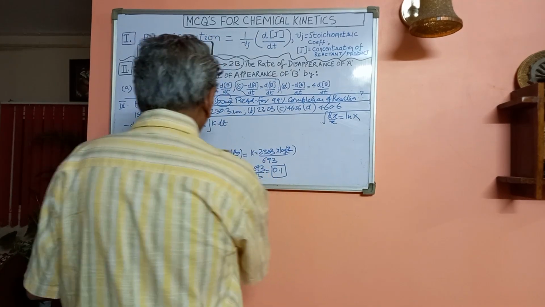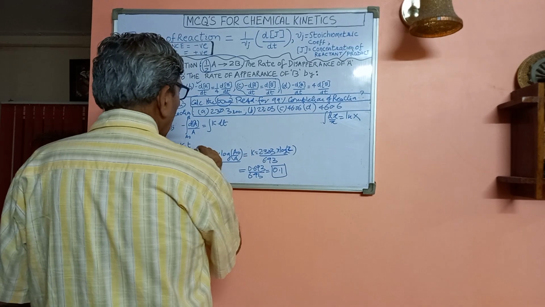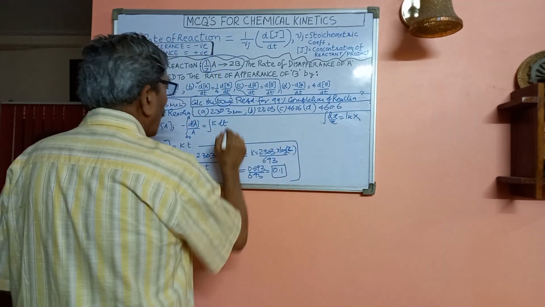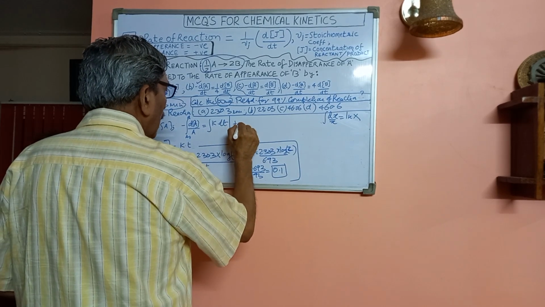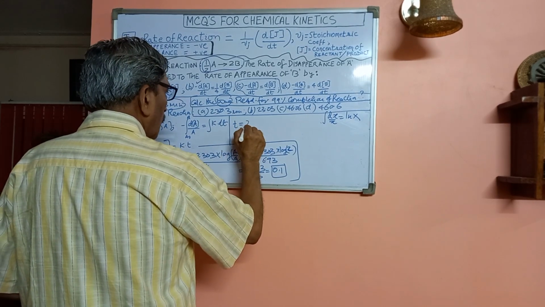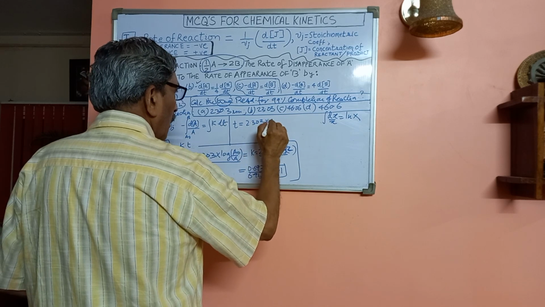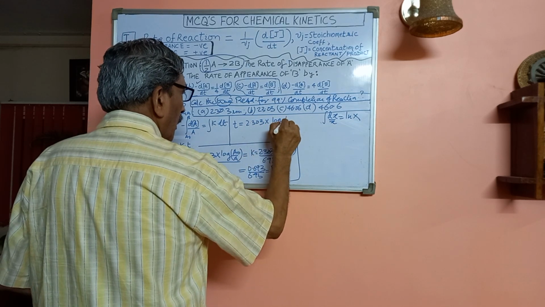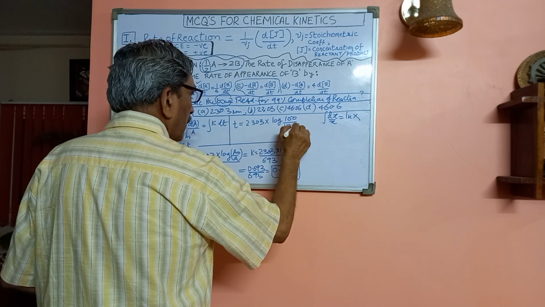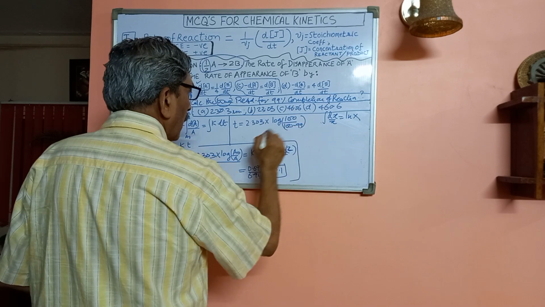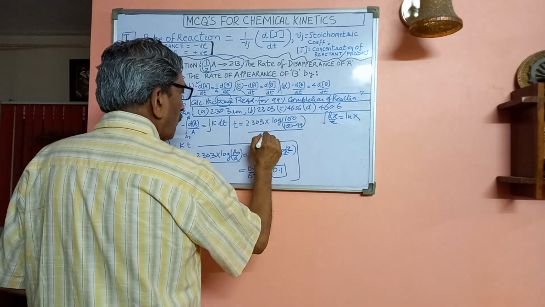Using the same equation, T will be 2.303 into log of 100 by 100 minus 99, upon K, where K is 0.1.